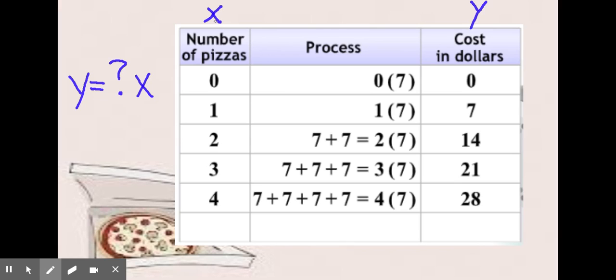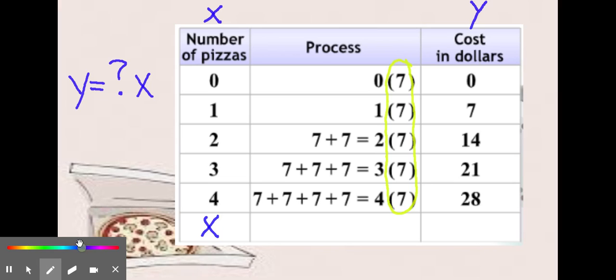And if I notice here, my number of pizzas, it changes every time. So my first column represents all my x's. 0 pizzas, 0x, 1 pizza, 1x, and so on. And you should also notice that the 7 stays the same every time.